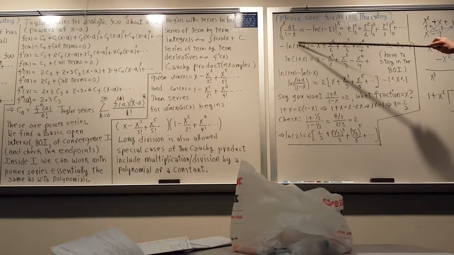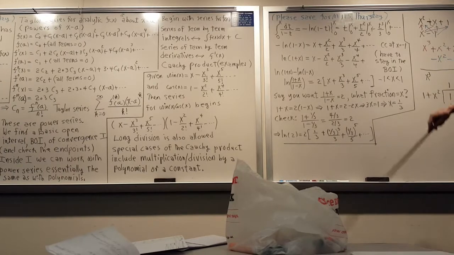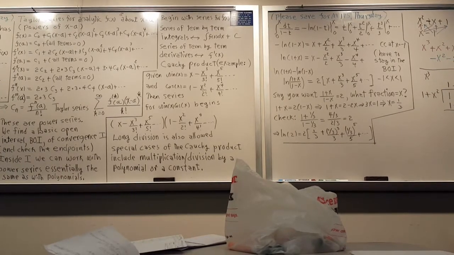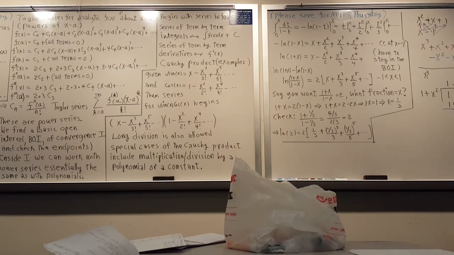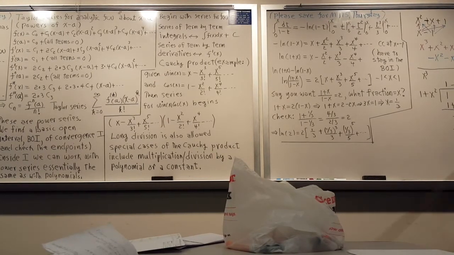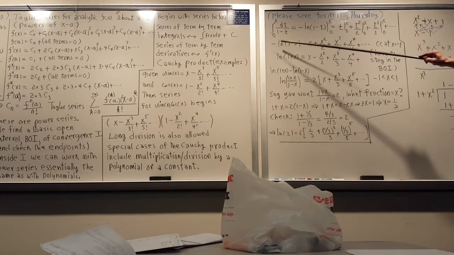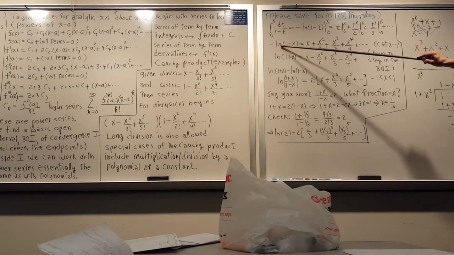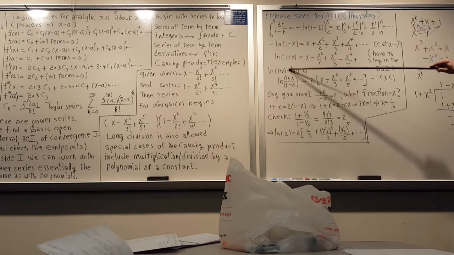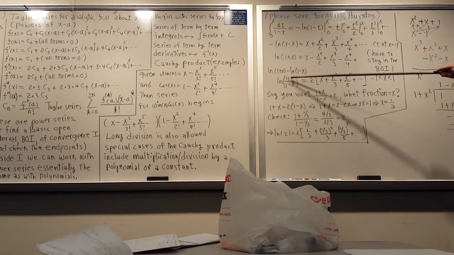So suppose you add this to this, which you can do inside your interval of convergence, because you can do anything that you could do with polynomials. And so log, if you add these, you have log 1 plus x minus log 1 minus x, like that, and then the difference of the logs is the log of the quotient.